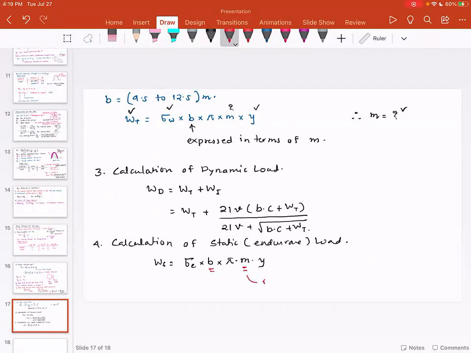So these values are known from step 2, and at this point, we know the value of Ws. So we need to check if WD is less than or equal to Ws. This is an important check at this point. This check must be satisfied for the gear design to be safe. If this check fails, then we have to update the design.